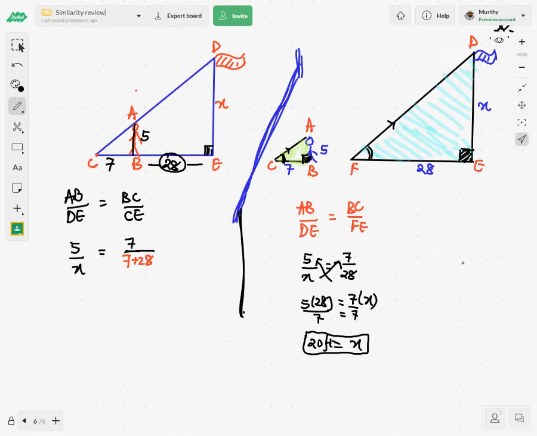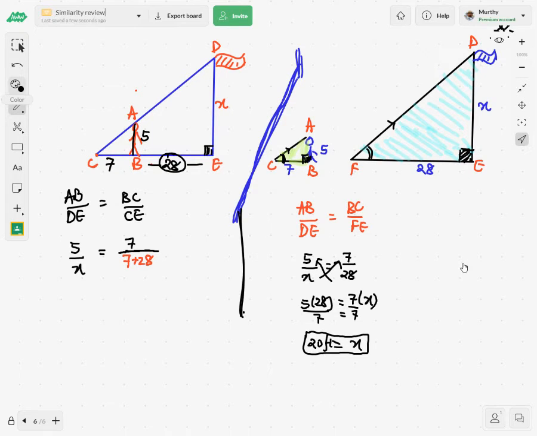In layman's language, I'm taking the vertical line of the small triangle over the vertical line of the large triangle, equal to the horizontal line of the small triangle over the horizontal line of the large triangle.